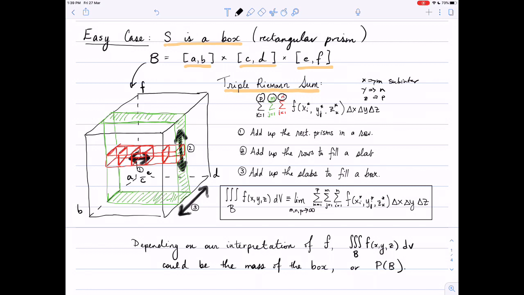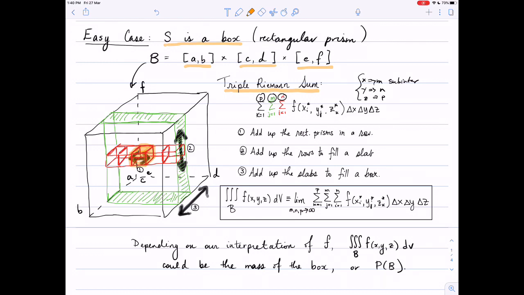So we're dividing this up into different subintervals, and if you take a little subinterval by a subinterval by a subinterval, then you end up getting a little rectangular prism. Instead of a mini rectangle, you get a mini prism like this. So you've got your box all chopped up into little pieces.